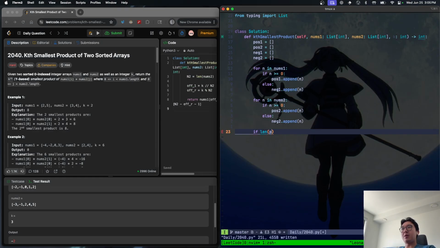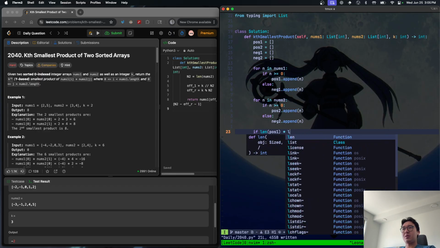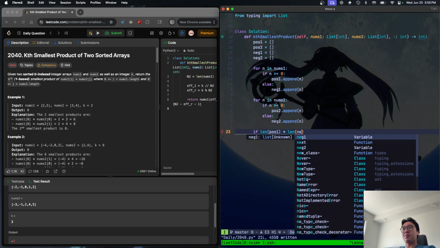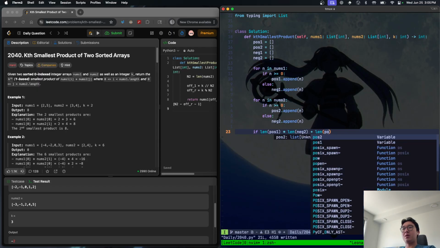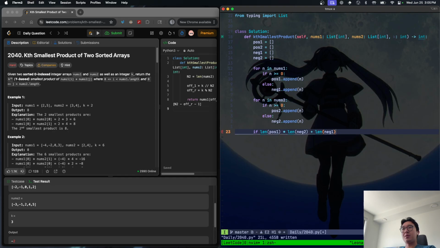So if length of pos1 times length of pos2 plus length of neg1 times length of neg2, oops, doing pos-negative first: length of pos1 times length of neg2 plus length of neg1 times length of pos2.